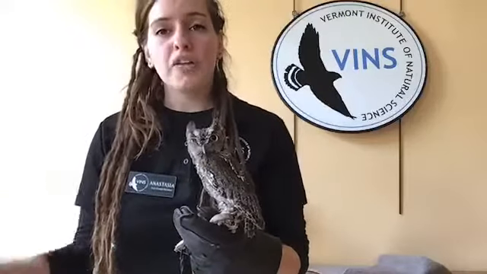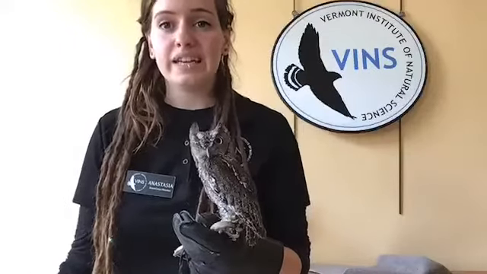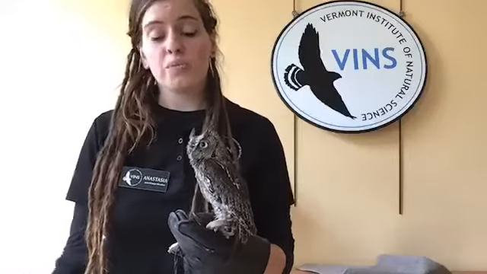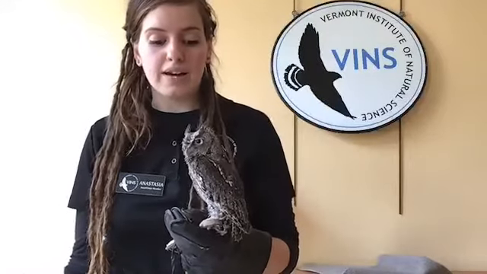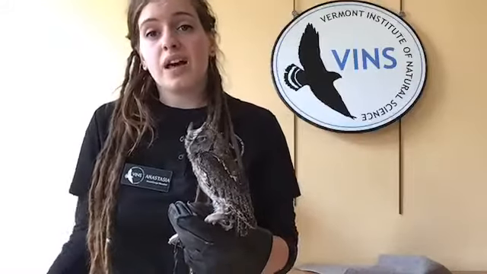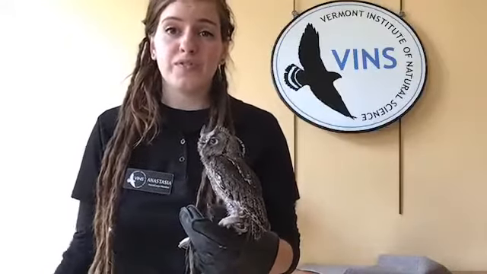But an unintended consequence of that is there's not enough insects for other animals that rely on them to eat. So it's not just our American kestrels. Lots of different songbirds also rely on a lot of insect abundance for their survival.